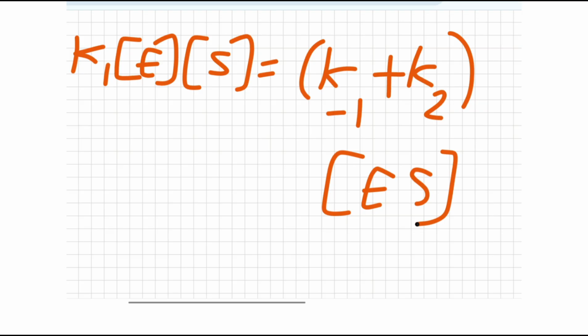K2 is the rate constant for conversion of enzyme-substrate to the product. This is how we apply the steady state assumption.